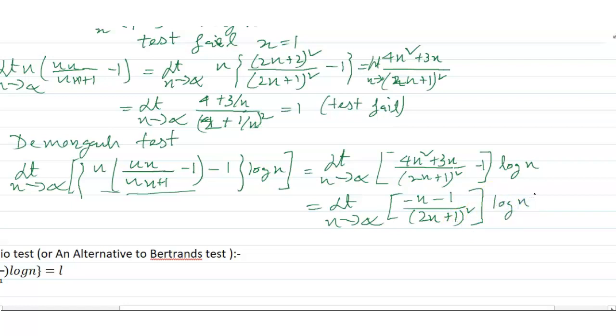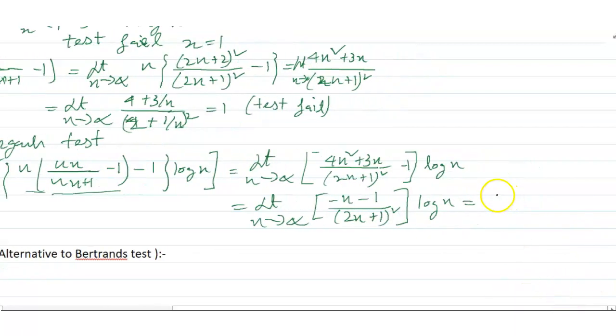And after that it can be written this way: limit n tends to infinity of (minus 1 by n) divided by (2 plus 1 by n) whole square into log n by n equals to 0.